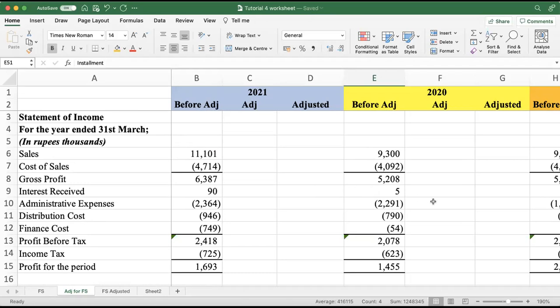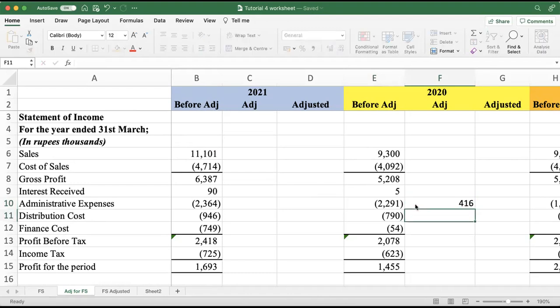right? So in 2020, from administrative expense, you have to deduct 416 in thousands. So you have to deduct 416 from administrative expenses.